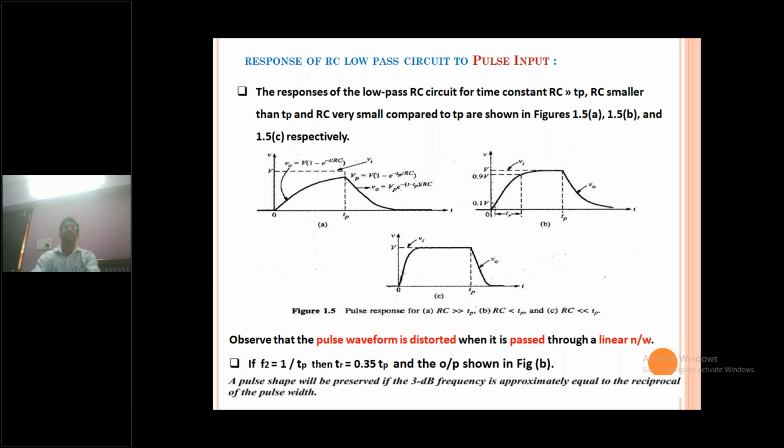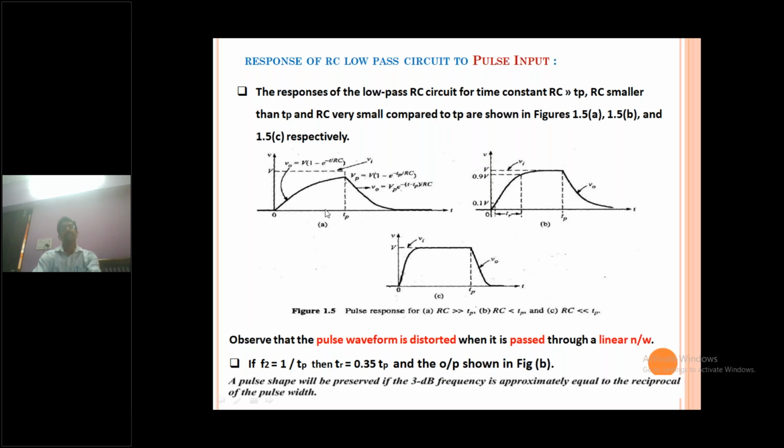At t equal to 0 plus, the input voltage is V volts, and the capacitor charges very fast. Rise time is very small, and after a certain time the capacitor is fully charged to V volts. At t equal to TP seconds, the input suddenly falls to 0 volts, but the capacitor also discharges fast.